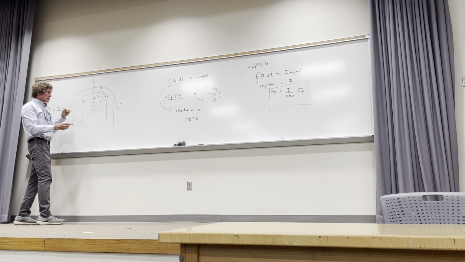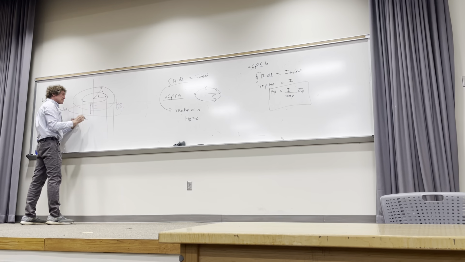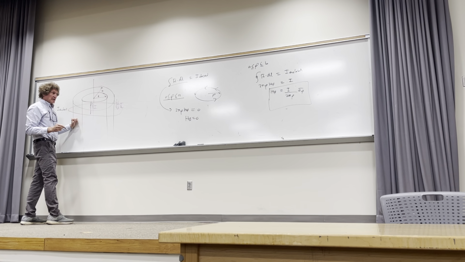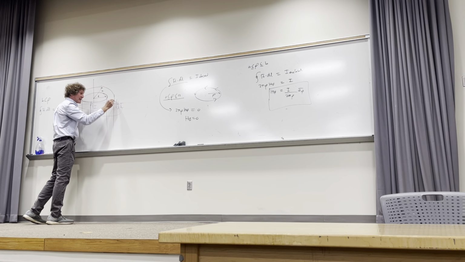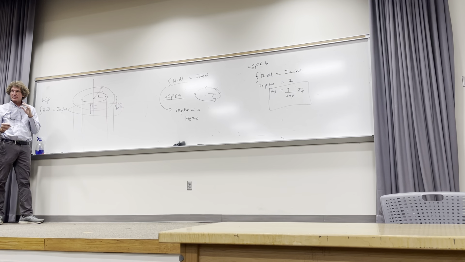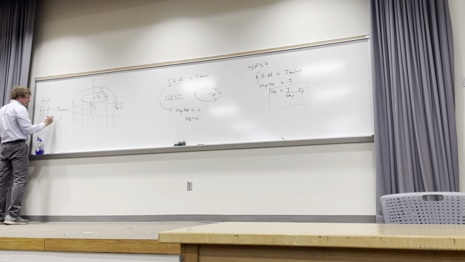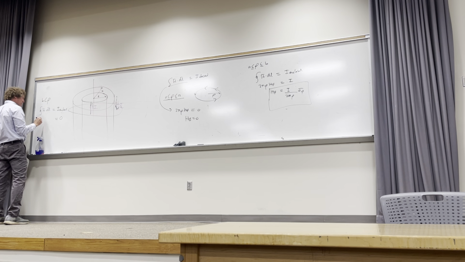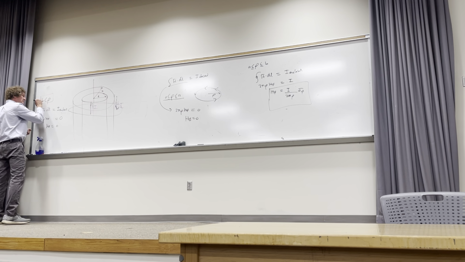Because remember, if we take a surface right here, all the current that goes in this direction, once I'm outside that radius B, is really mitigated by the current going in that direction. Y'all follow me? That's a real important point. So that means the net current outside there is 0, and by the same token as the inner part, that means 2 pi rho h phi is 0, or h phi equals 0 outside that range.